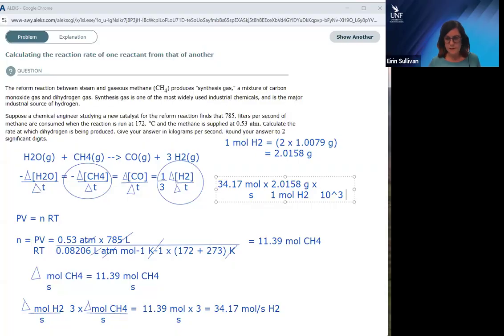Okay, if we check our dimensional analysis, we should have moles cancelling out and grams cancelling out. We end up with units of kilograms per second for the rate of production of H2, and I got that as 0.069 kilograms per second. Okay. All right. Hopefully that is helpful.